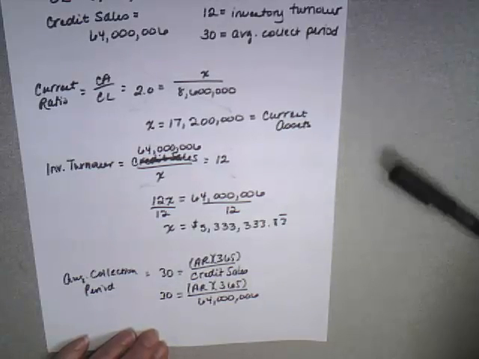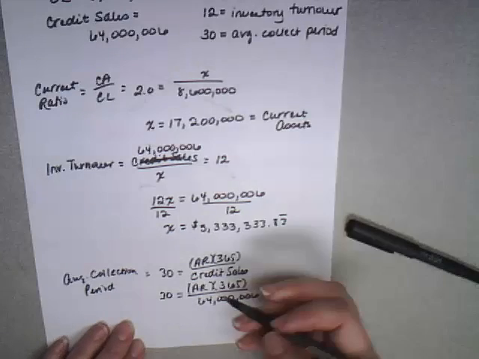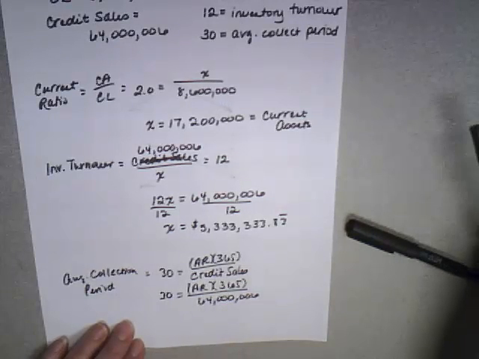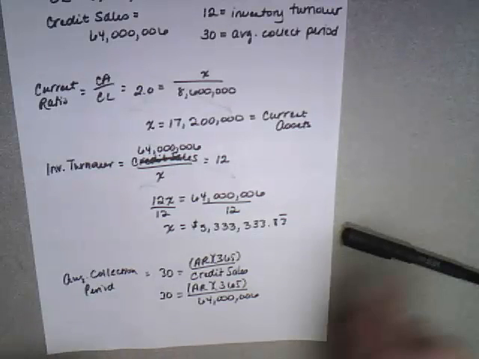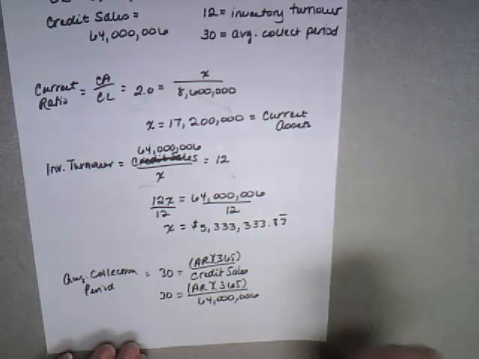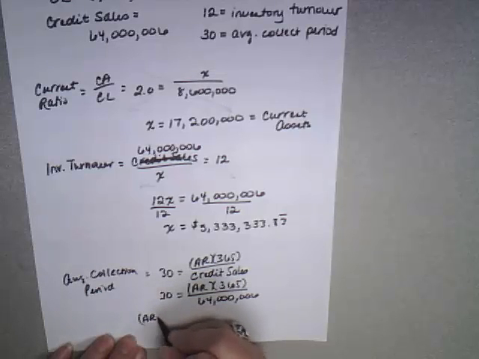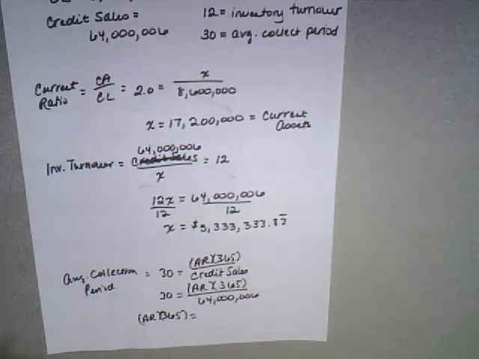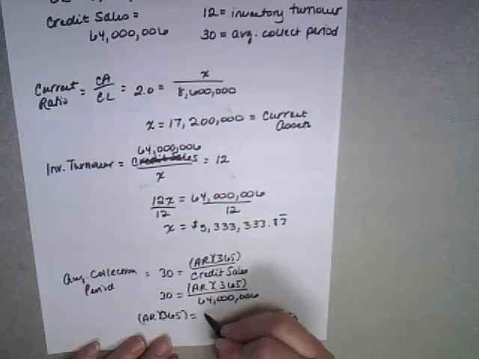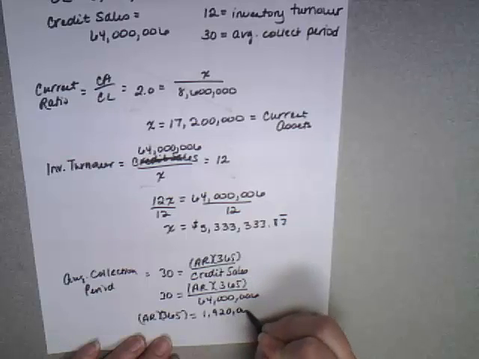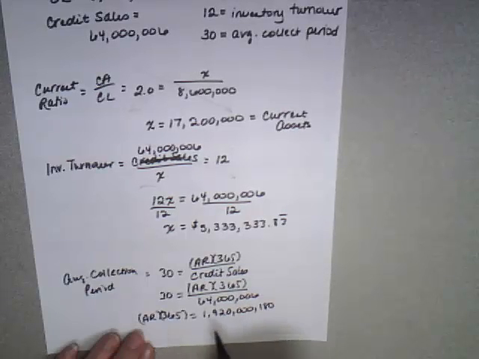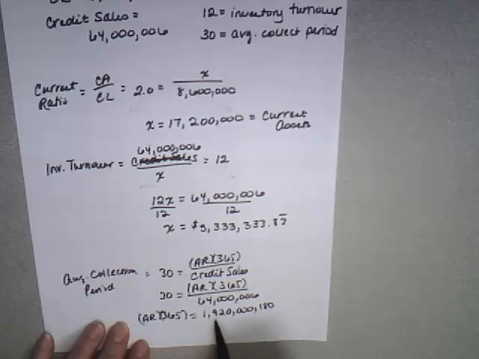Then we're going to do the same thing. We're going to cross multiply. Okay, and that is going to give us accounts receivable times 365 is equal to 64 million times 30, which gives us 1.9 billion.